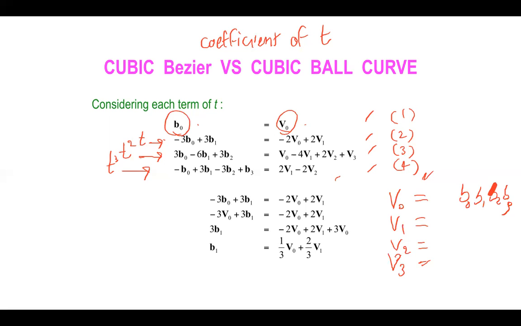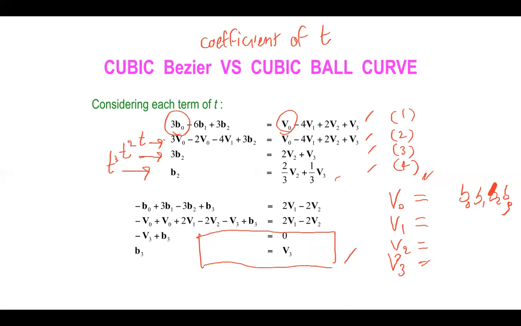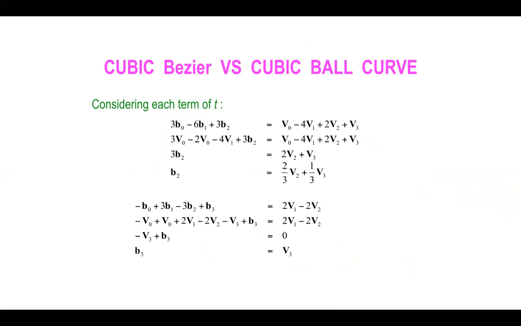When we do that, we get B1 is equal to 1/3 V0 plus 2/3 V1. This is B1 in terms of V0 and V1. And we can solve the system of linear equations to get B2 and B3.